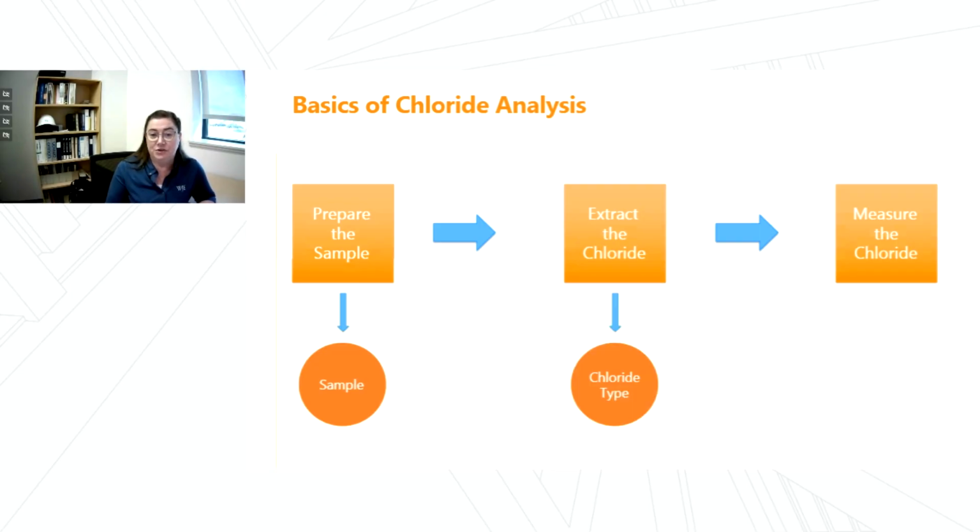When we're going to do an extraction, we have to think about the type of chloride that we want to extract out of that sample. And when we get ready to measure the chloride, we have to think about our measurement method and what goes into that particular method that we're using.